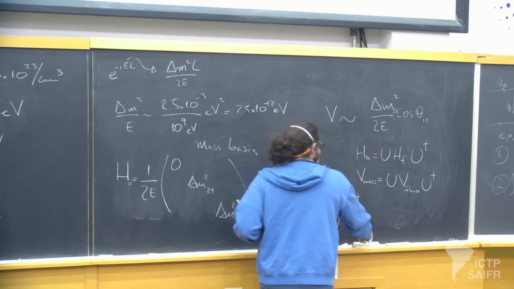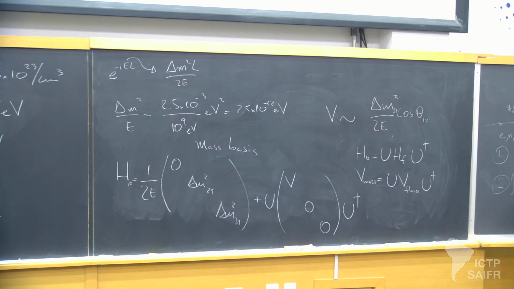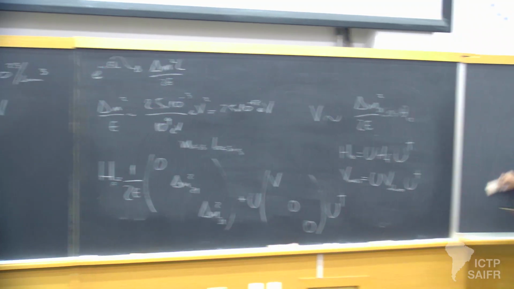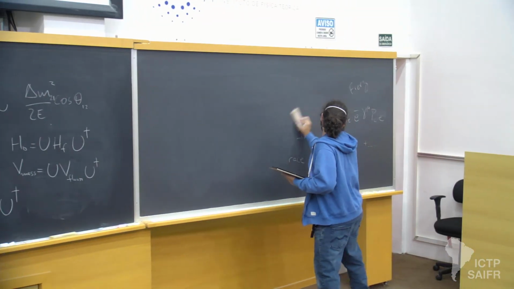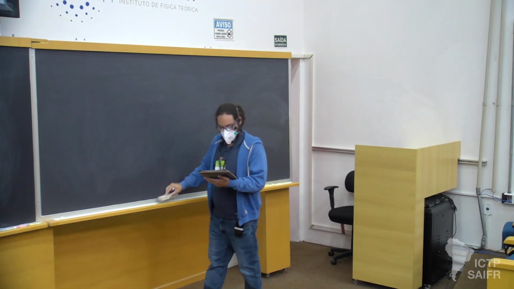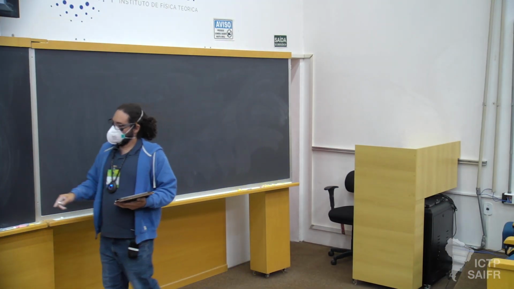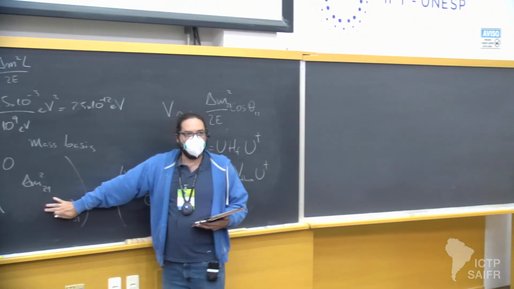Now, again, I don't know how to do things with 3 neutrinos because the equations are really complicated and messy. But 2 neutrinos is great. Even I can solve 2 neutrinos. So if we do 2 neutrinos, we take one of these out.